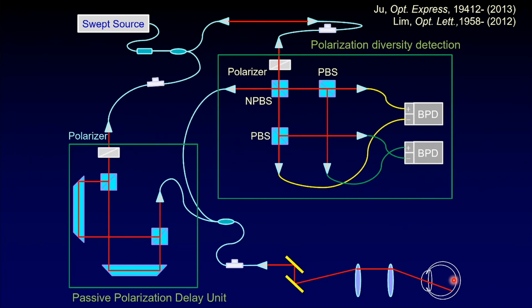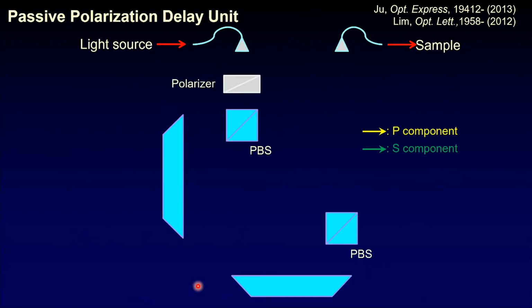Okay, then what does the passive polarization delay unit do? Let's see a little more detailed scheme here. The light, as I've explained, is coming from the light source. Okay, and its polarization is cleaned up by this polarizer into 45 degrees.